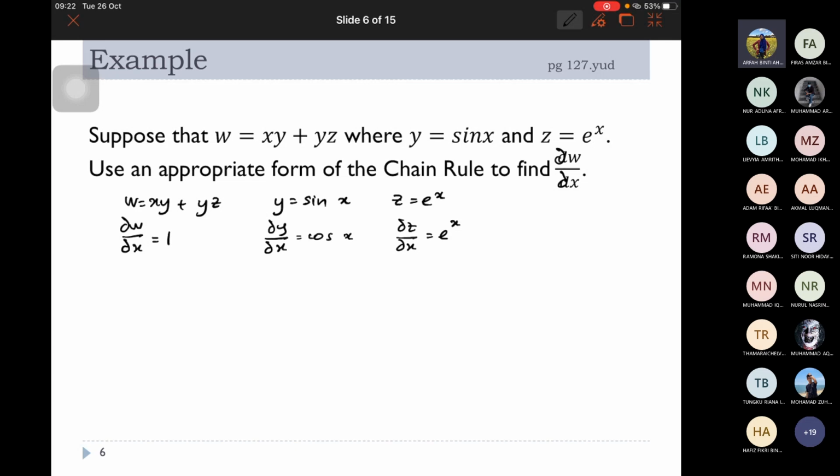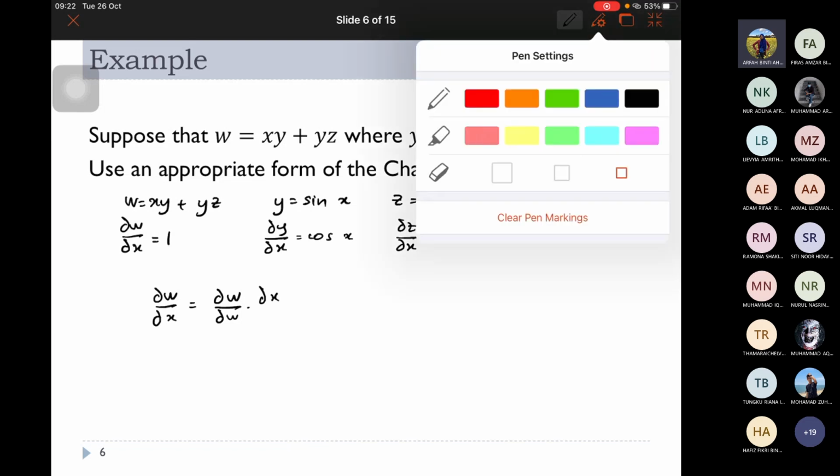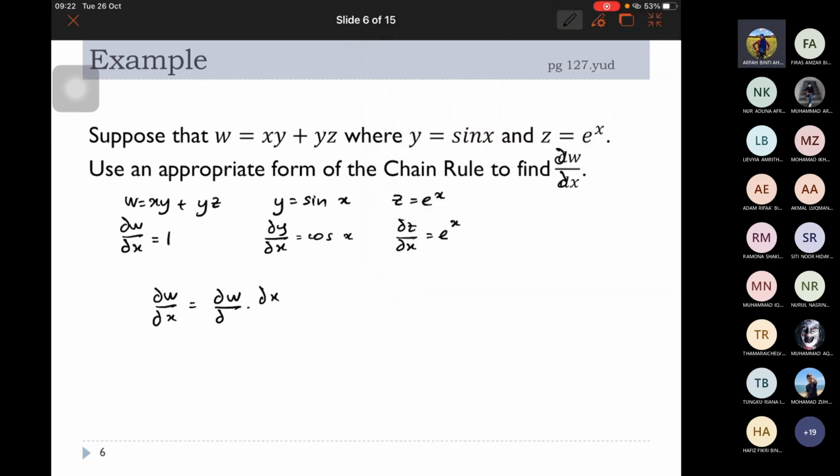So from here, to get the partial derivative of W over X, it will be equal to partial derivative of W with respect to X multiplied with partial derivative of X over X, plus partial derivative of W with respect to Y multiplied with delta Y over delta X, plus partial derivative of W with respect to Z multiplied with delta Z over delta X.